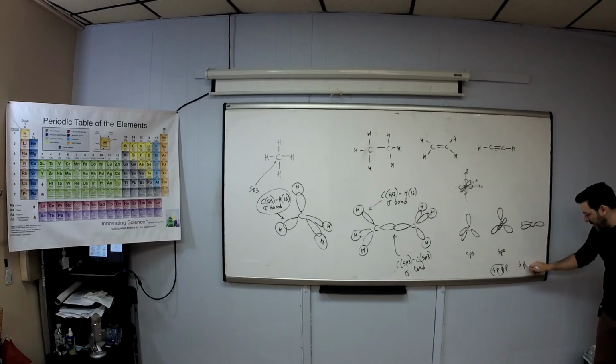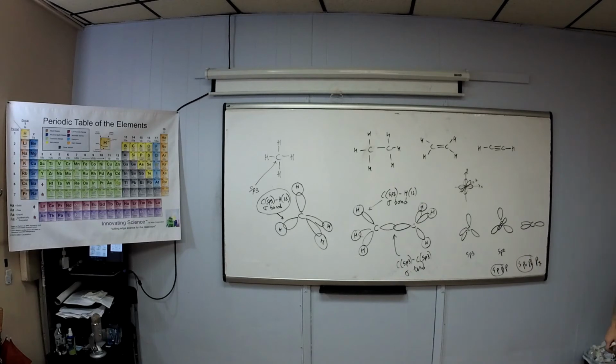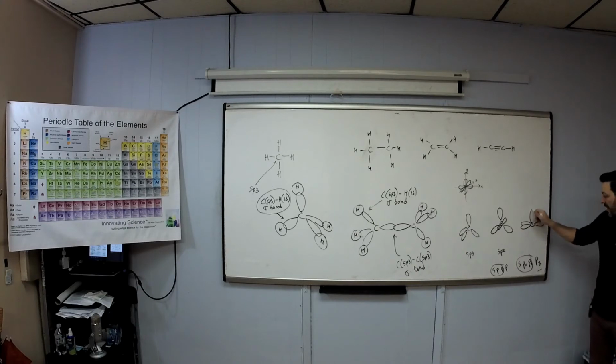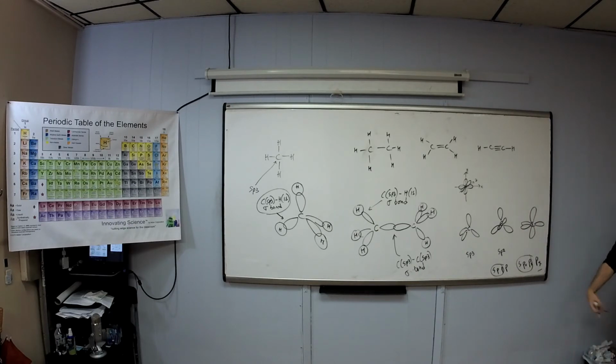Now imagine I have s, px, pz, and py, and I made a hybrid out of this, sp2. Do you see I have a leftover py that didn't hybridize, so none of these orbitals are in the py, but I will have a leftover orbital called py, and that py would look like this. By itself, didn't mix.